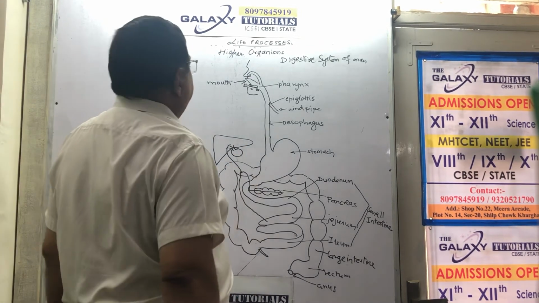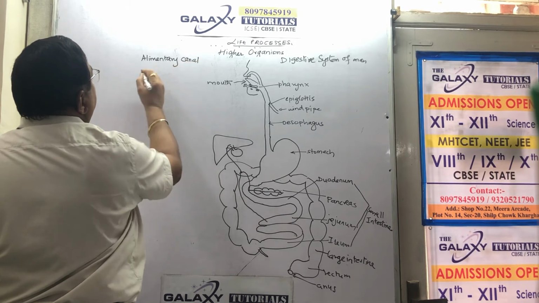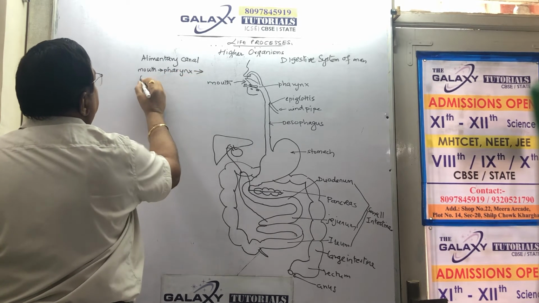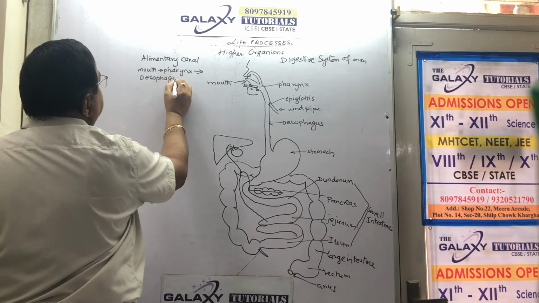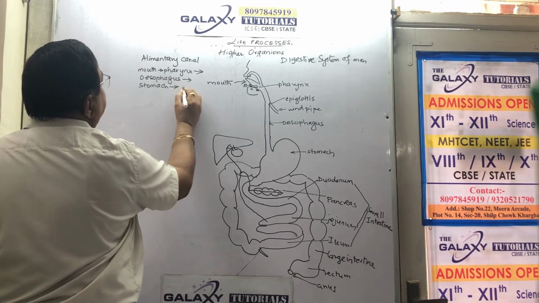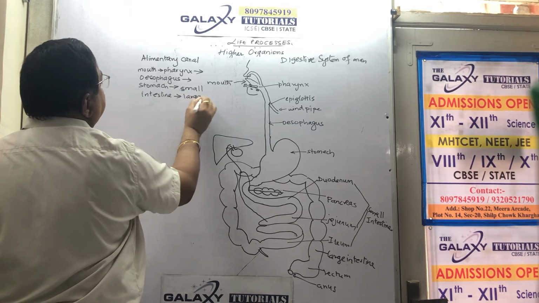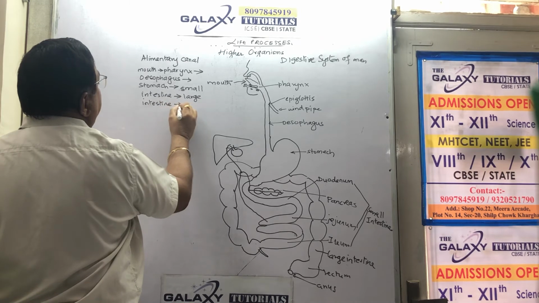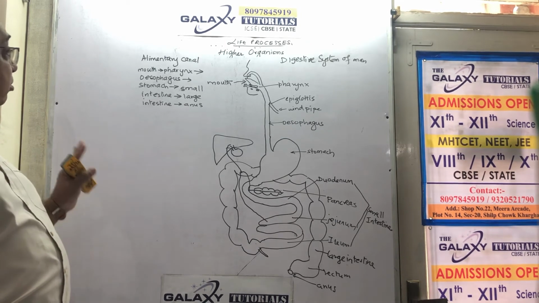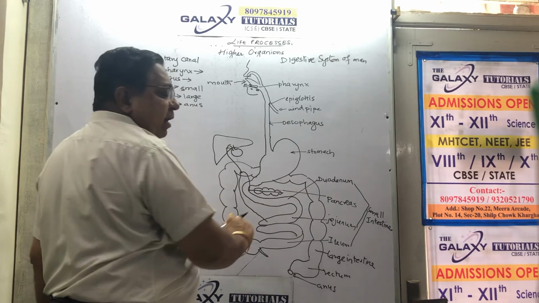So you can have a look here that alimentary canal begins with the mouth, which opens in the pharynx, which opens in the esophagus, food pipe, which opens in the stomach, which opens into small intestine, which opens into large intestine, which opens outside by anus, is your alimentary canal.